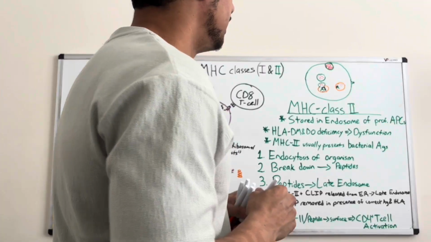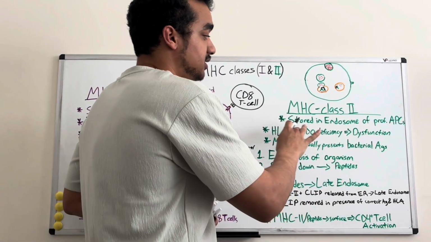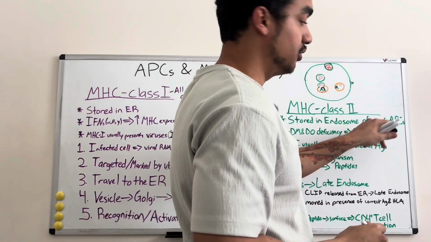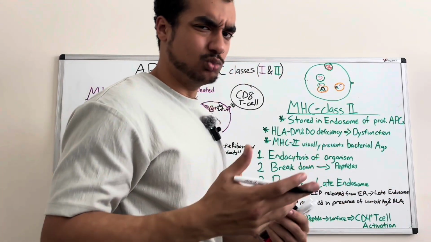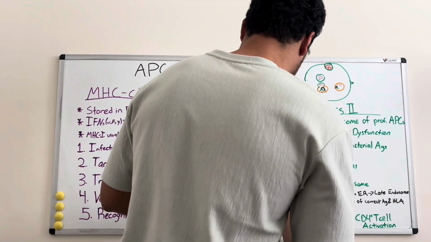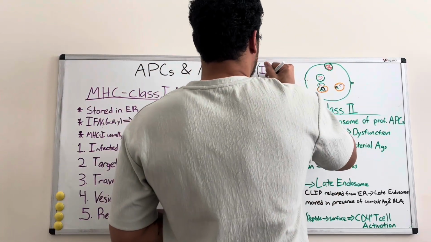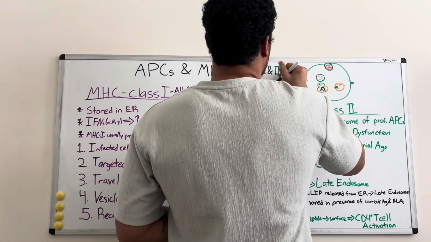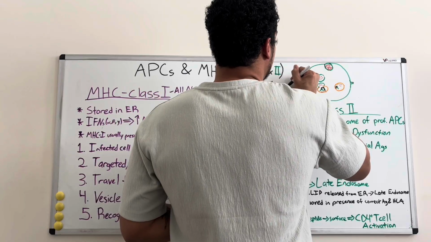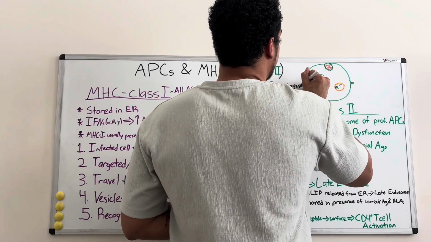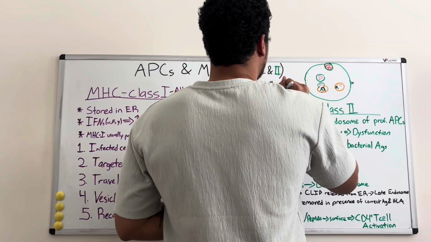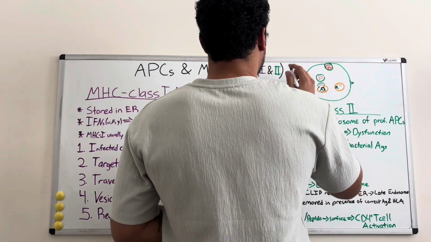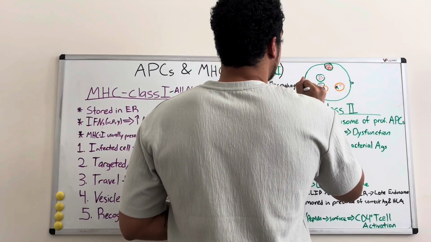All right, so a couple factoids. MHC class 2 is stored in the late endosome of professional antigen presenting cells. Now, what are professional antigen presenting cells? These are going to be your macrophages, your dendritic cells, and your B cells.